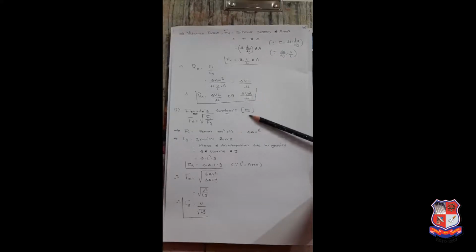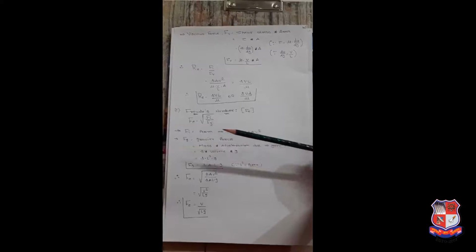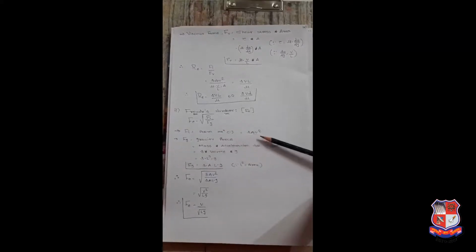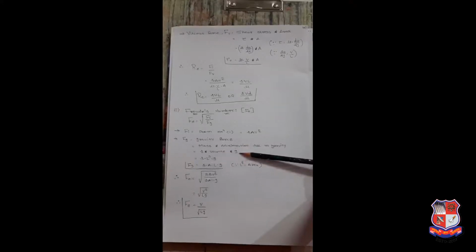Second number is Froude number, which is denoted by Fr. Froude number is the square root of inertia force divided by gravity force. Inertia force equation we have already derived. So inertia force is rho A V square. Gravity force, again, force is equal to mass into acceleration. Here the acceleration is due to gravity. So mass can be written as density into volume, and acceleration due to gravity is g.